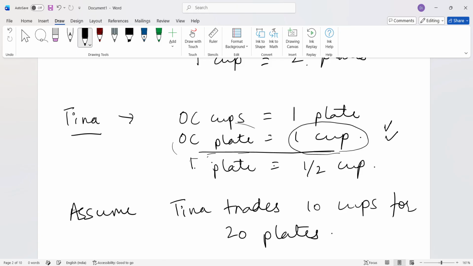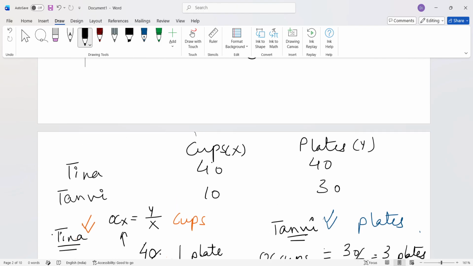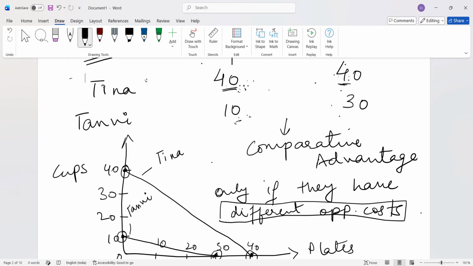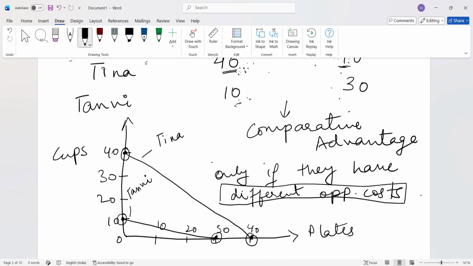All right, so Tina trades 10 cups for 20 plates. Let's see how this affects the production possibility curve. So remember, Tina is producing cups, Tanvi is producing plates. Let's see what happens. I'll go back to this graph.